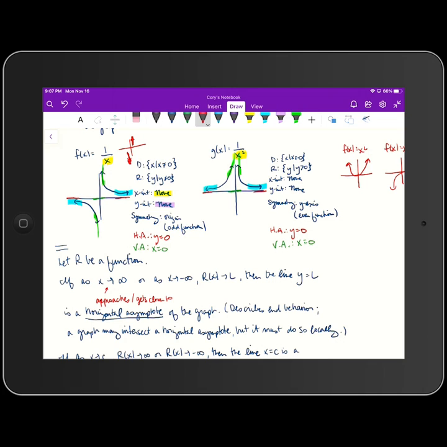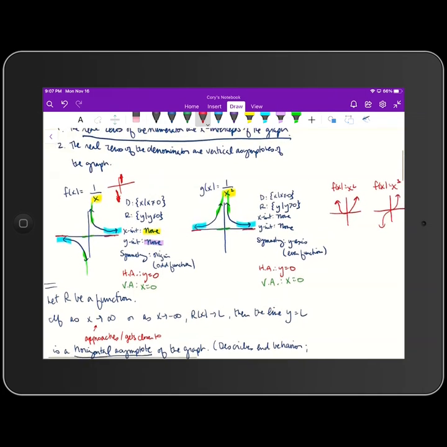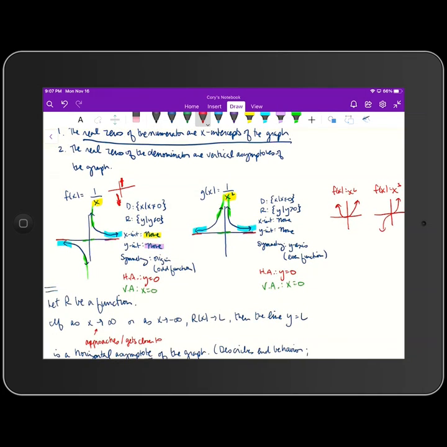But when we look at the function g of x, which is 1 over x squared, there the multiplicity of the 0 in our denominator is 2, it's even. So what that tells you is that your graph is going to be going in the same direction at the vertical asymptote.